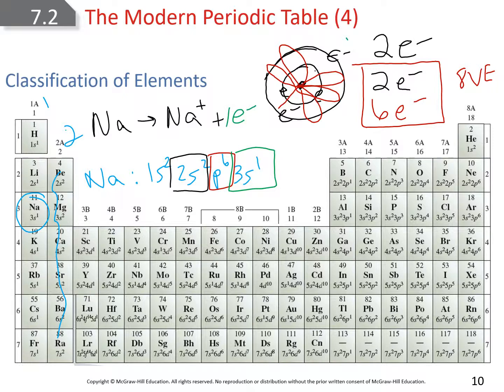It loses that 1 electron that was in its valence shell, so it feels like and behaves like it now has 8 electrons in its new outermost shell. Those 8 electrons are what gives the sodium ion an octet. 8 valence electrons in an element make it the most stable.